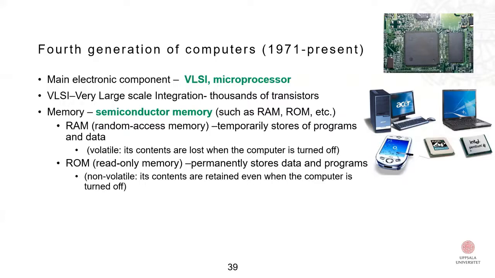RAM stands for random access memory, a memory of your computer that temporarily stores programs and data. It is volatile, meaning that each time you turn off your computer, the data on it will be lost. We also have ROM, which is called read-only memory and permanently stores data and programs.